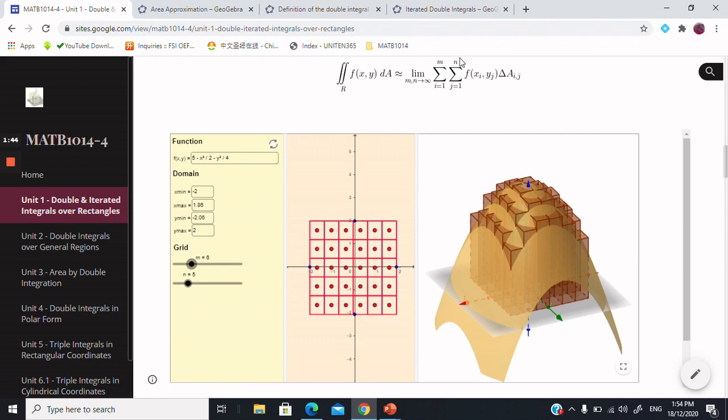So in total, we have m times n number of cuboids.